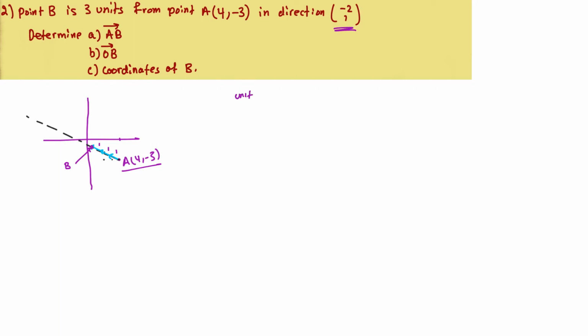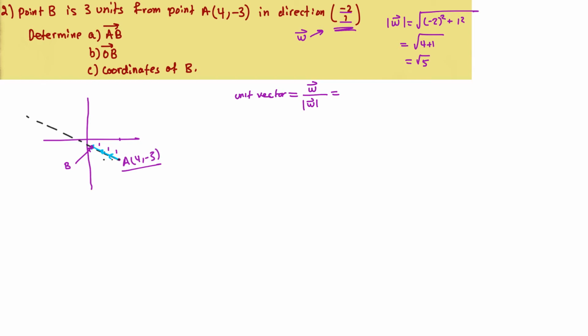Let's call this vector W, and the unit vector of W is going to be W divided by the magnitude of W. Well, first we need the magnitude of W. To do that, we take the square root of the x component squared plus the y component squared, and that will give us root 4 plus 1, which is root 5.